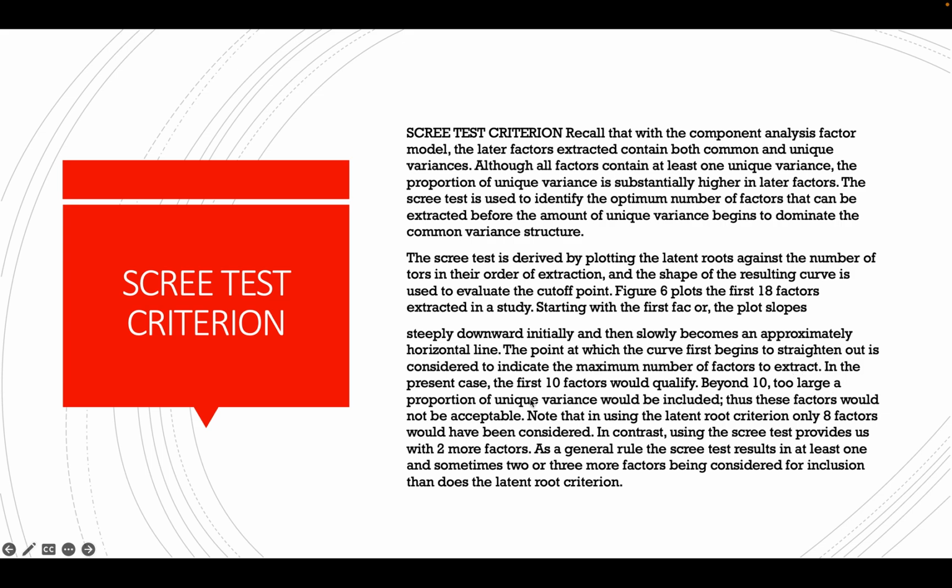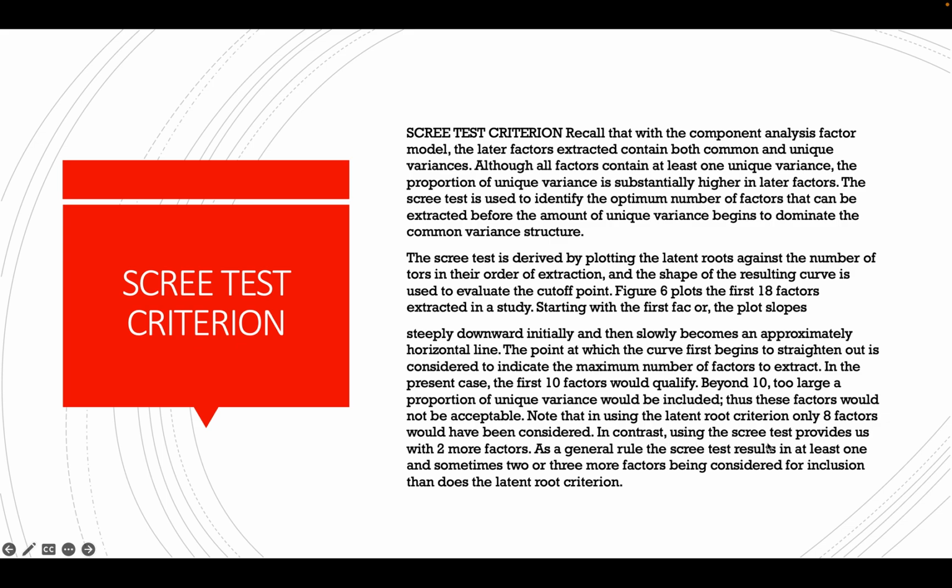In the present case, the first 10 factors would qualify. Beyond 10, too large a proportion of unique variance would be included, so these factors would not be acceptable. Note that in using the latent root criteria, only 8 factors would have been considered.